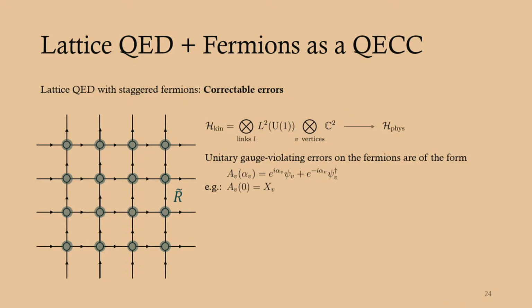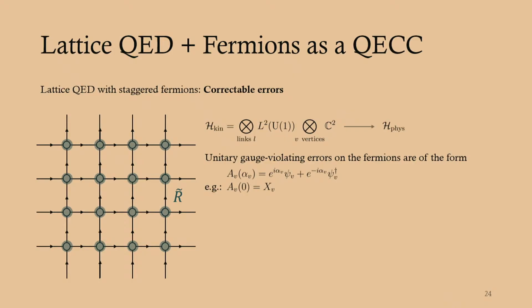For example, if I just fix my phase alpha to be 0, then this just gives me a Pauli X on a site. So this essentially swaps a fermion being there with a fermion not being there, and vice versa. And now I have this quantum reference frame, which is non-ideal, but for a subgroup C2 of U(1), this will be ideal again.